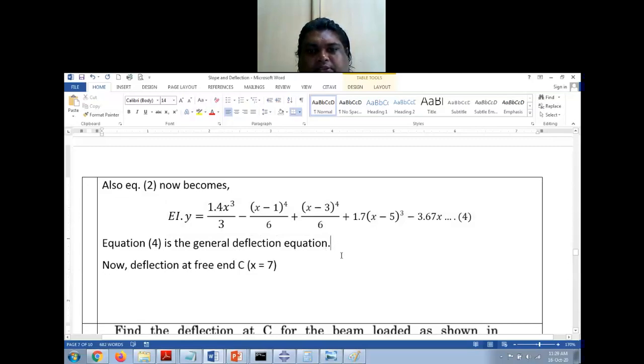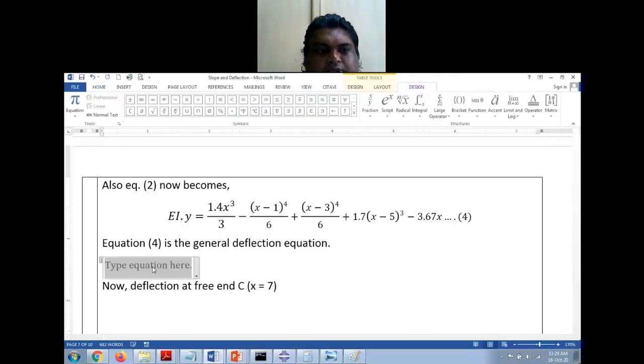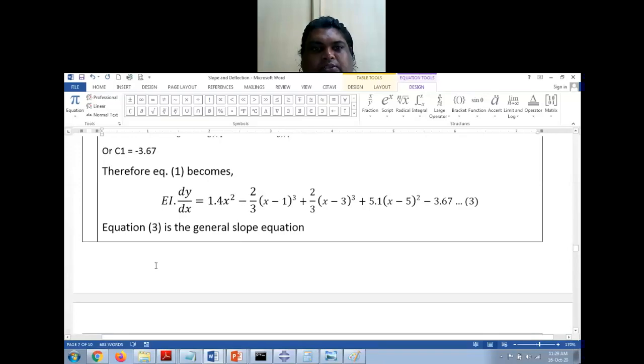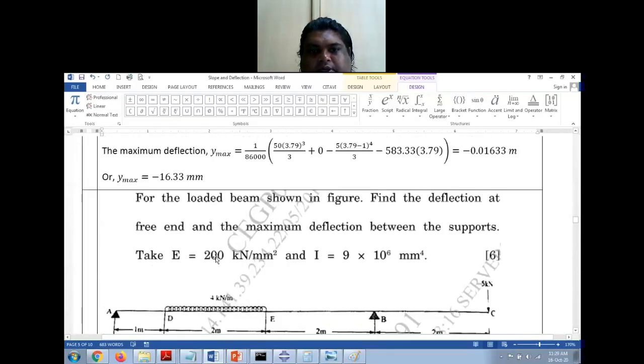Now before this, I need to calculate the value of EI in kilonewton meter square, right? So EI is equal to, what is E in this? Is it 200? 200 kilonewton per mm square, right? So it is 200,000 megapascal. So I need to put it in kPa.